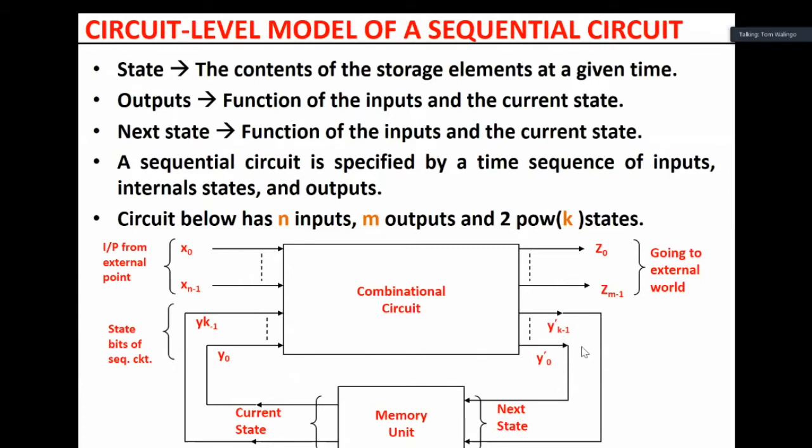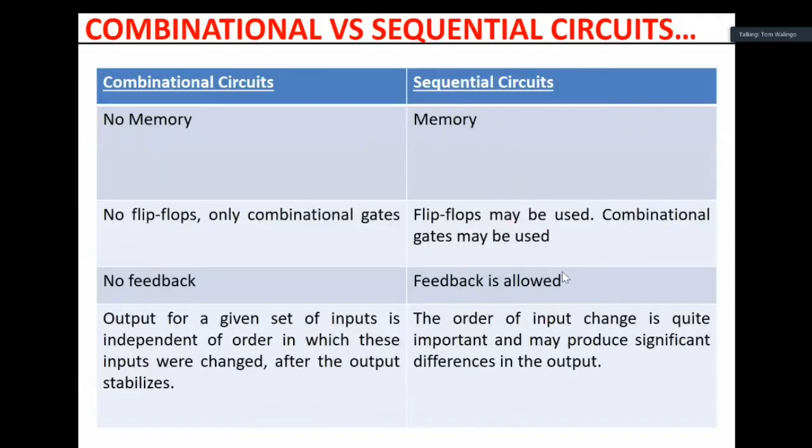Sometimes the output can be the next state. A sequential circuit is specified by a time sequence of inputs, internal states, and outputs. You must know the inputs, the internal states, and outputs. So this circuit has n inputs, m outputs, and 2 to the power k states. Normally, the latches and flip-flops are the ones that store the states.